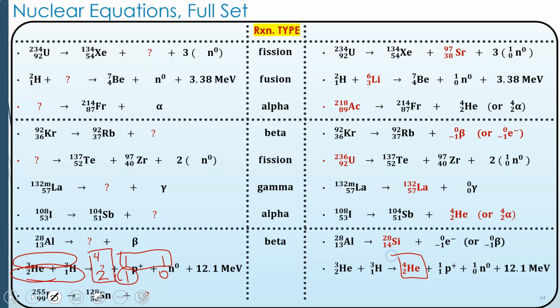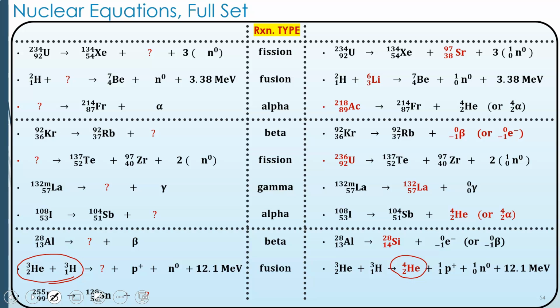But this helium-4 is not an alpha particle. Why is it not an alpha particle? It did not get released from another nucleus. This helium-4 was the result of fusing together 2 smaller nuclei to make 1 bigger nucleus. And therefore, this is a fusion reaction.